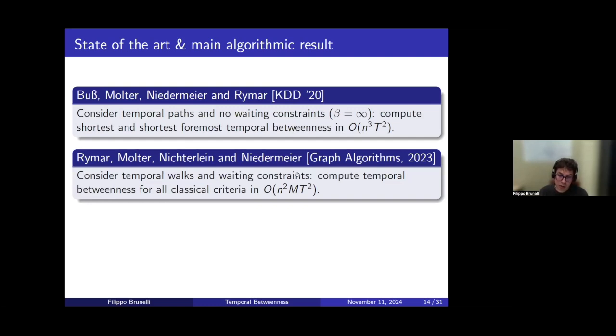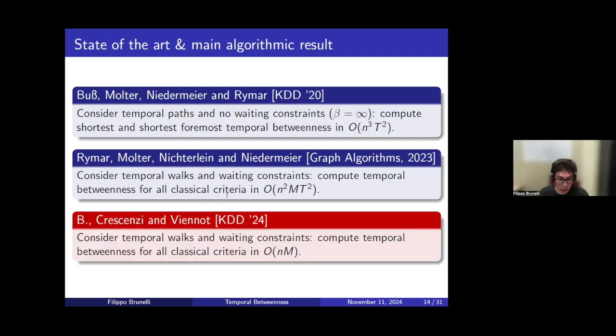Then in this second result, the authors are considering waiting constraints, as we are doing in this work, and thus working with temporal walks instead of paths. They managed to compute the betweenness of all nodes for all classical criteria, for example the ones that we mentioned just now, in n square capital M T square, where capital M is the number of temporal edges in the graph.